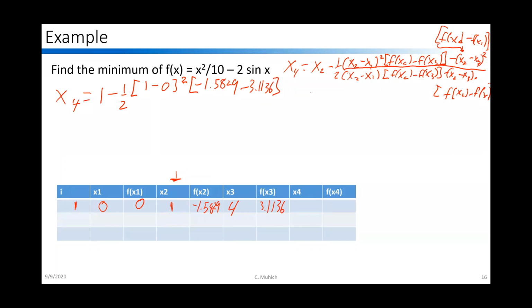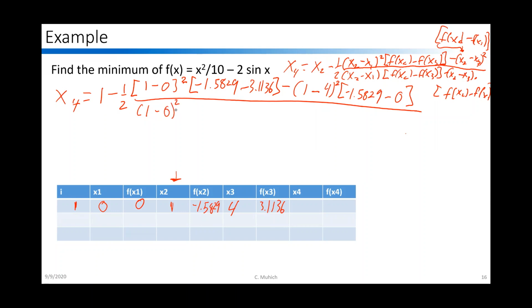Minus x2, so once again 1, minus x3, 4, which is 4. We're going to square that. Now we're going to look at the f of x2, so that's once again negative 1.5829 minus f of x1, which is 0. Okay, that rounds out the top half of that equation. Now we're going to go into the bottom. So we have x2, 1, minus x1, which is 0, not squared.